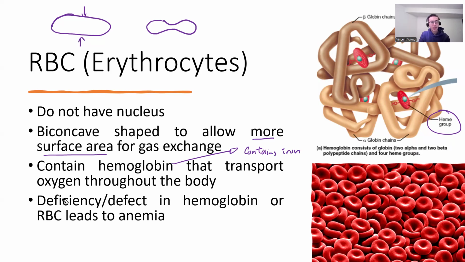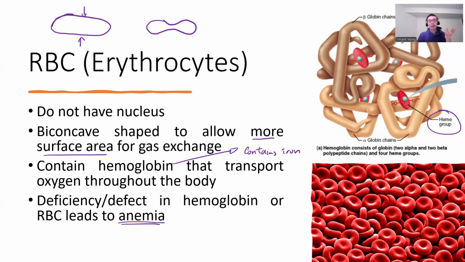Deficiency, as in not having enough, or defect, as in something's wrong with the structure, either in hemoglobin or red cell, will lead to anemia. Okay? So there are different causes of anemia. You learned about sickle cell anemia. That's a defect in hemoglobin, and that causes anemia, shortness of breath, feeling tired all the time, not able to distribute oxygen effectively, right?